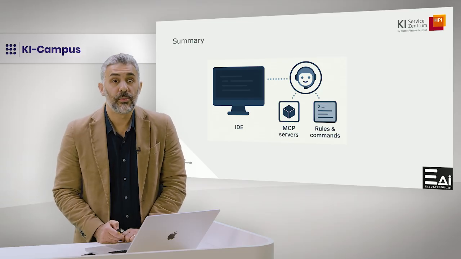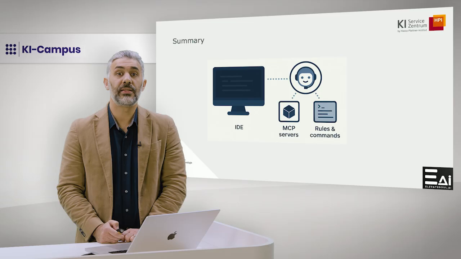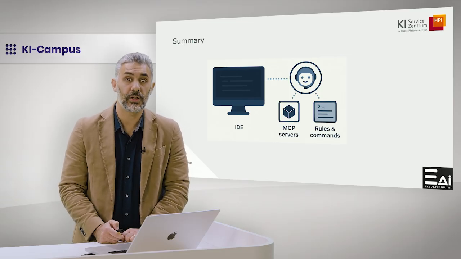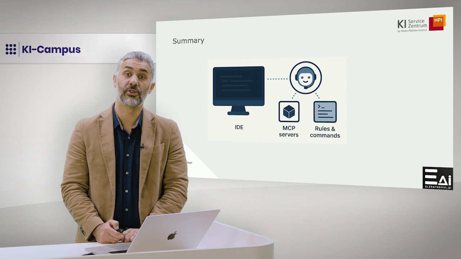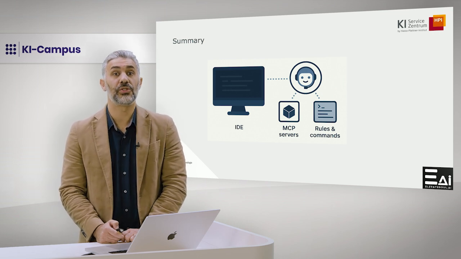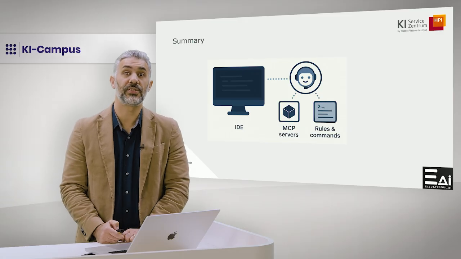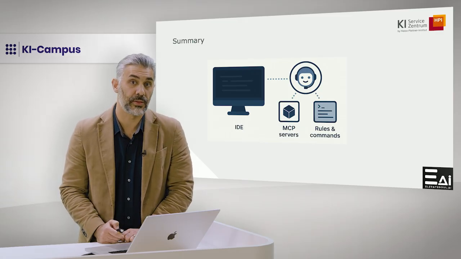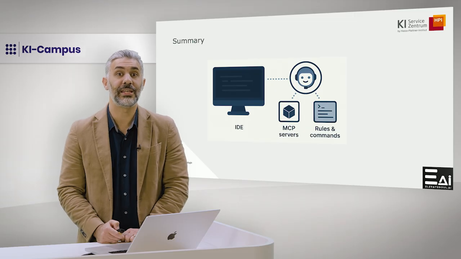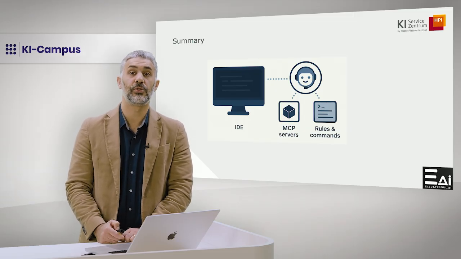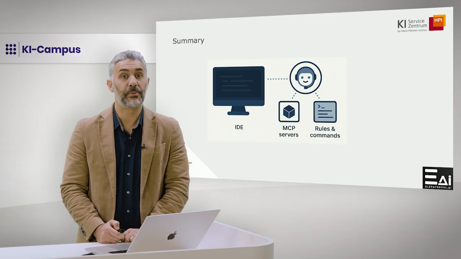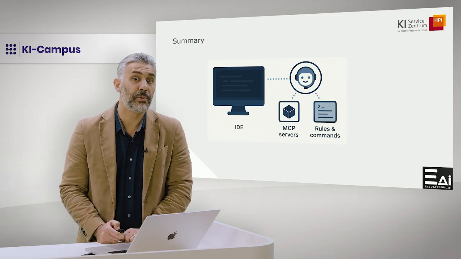We saw a number of capabilities that make this possible, including MCP servers, which make it easy to connect to external tools and services like Figma, rules and commands, which let users shape how the agent behaves and what context it works with. Together, these features show how agentic coding environments allow developers to plan better, build faster, and stay in control while collaborating with increasingly capable agents.